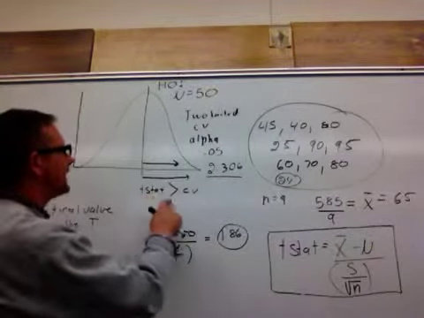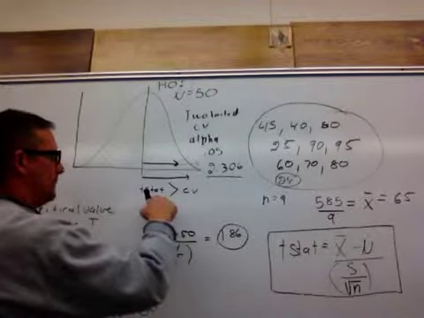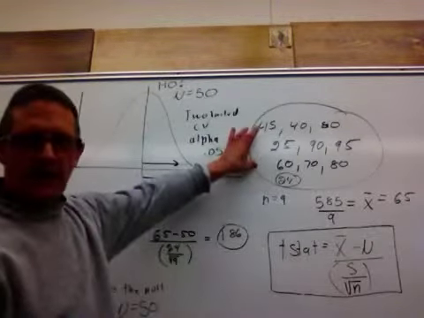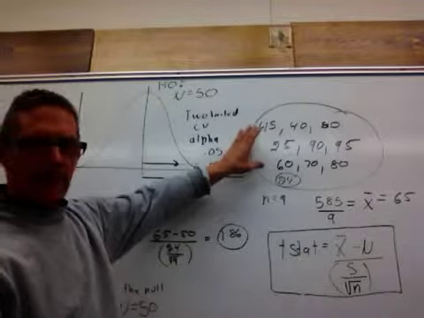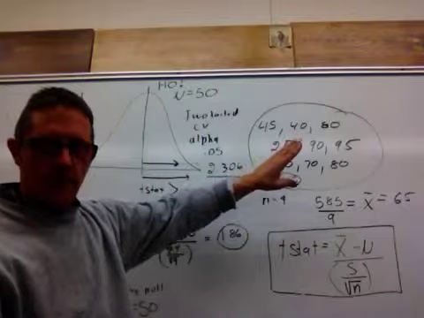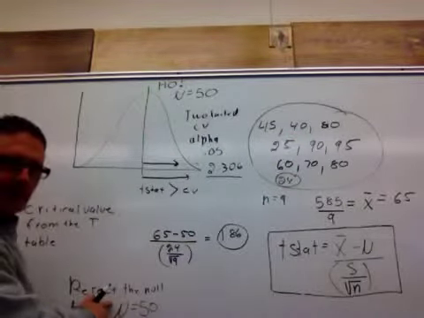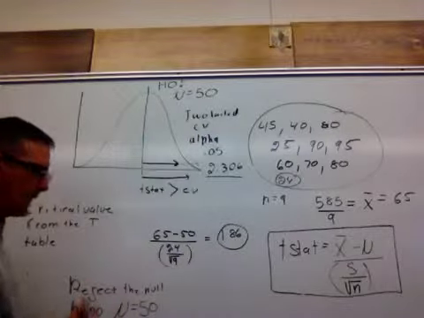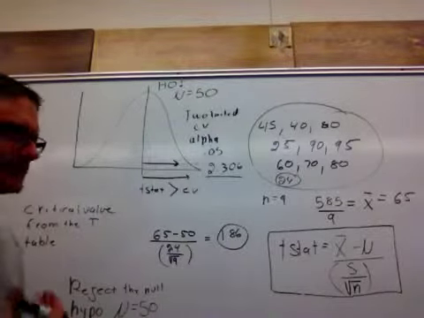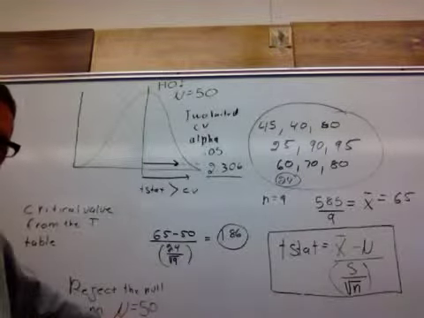Now, if the test stat were to become larger than the critical value because of the nature of the sample, maybe these sample values are more extreme, then we could reject the null hypothesis at an alpha of 0.05. And so we would say there's evidence to reject the notion that the mean in the population is 50.